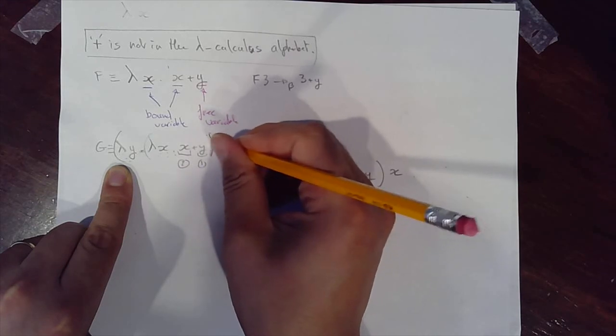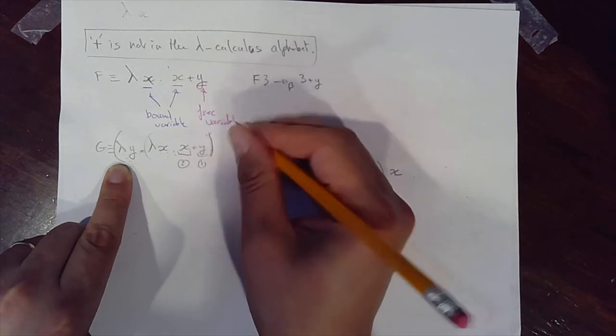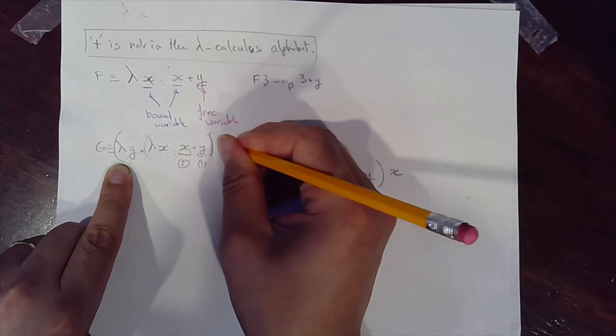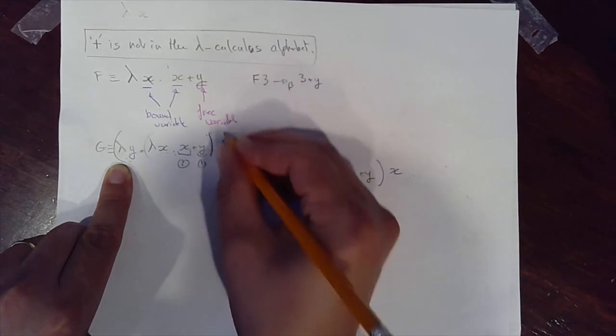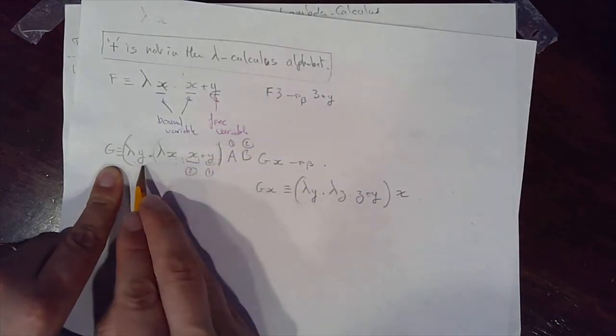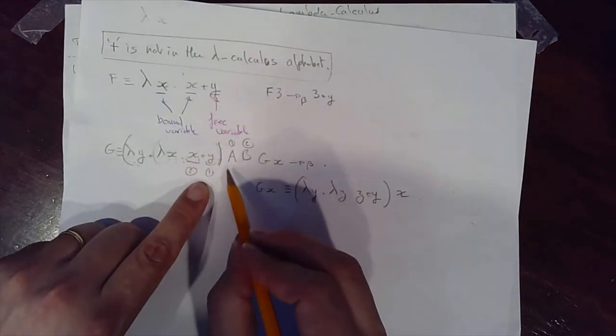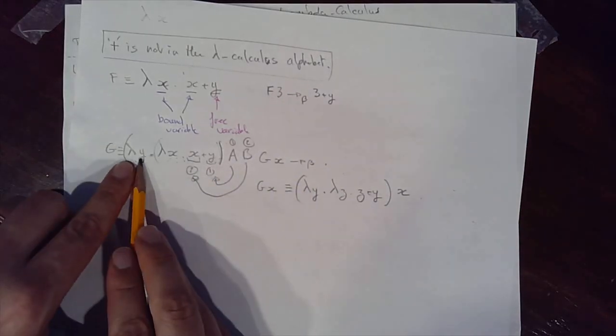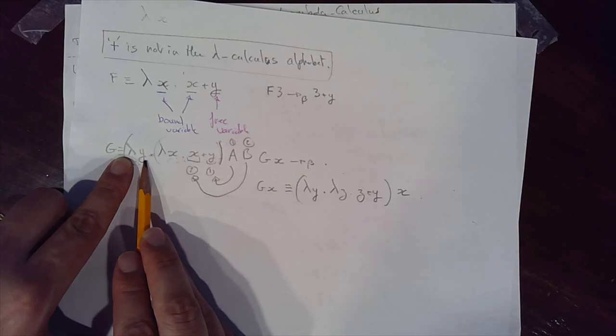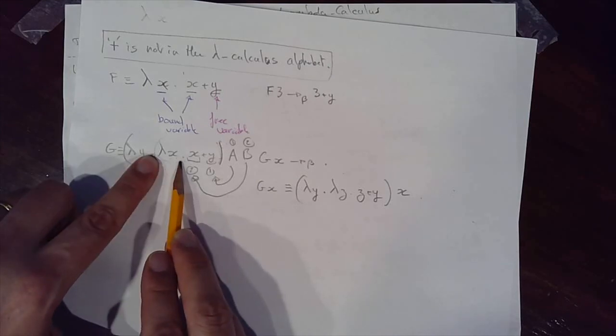So you apply to, say, A, B: A is going to be number 1, B is going to be number 2. All this is saying is that you take the number 1 and put it here, you take the number 2 and put it here. That's all it is saying, the fact that lambda y is first and lambda x is second.